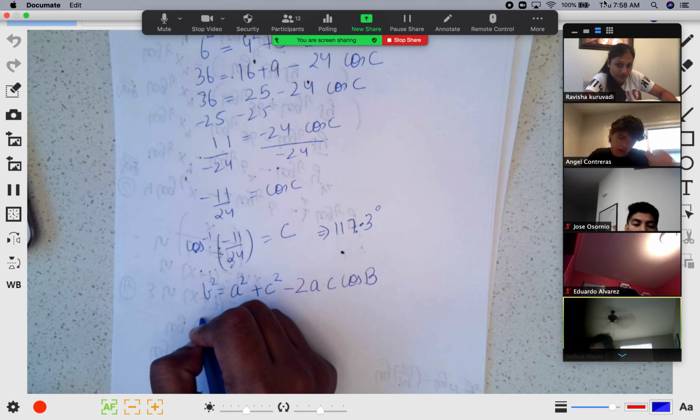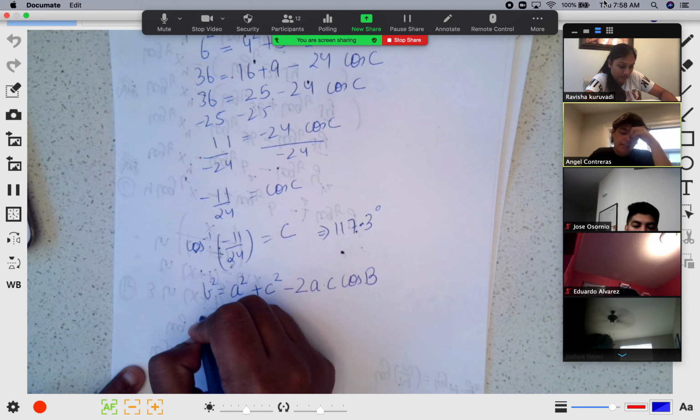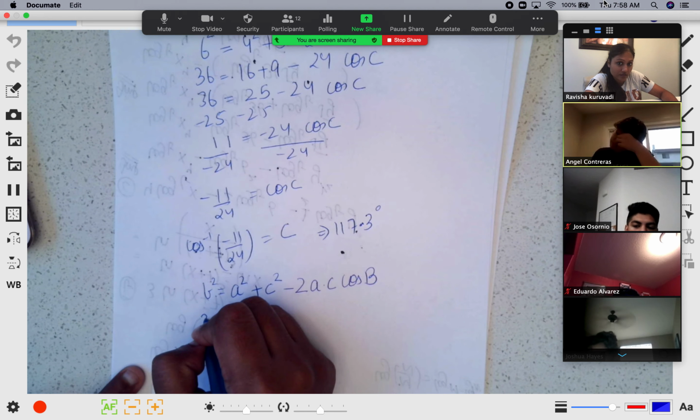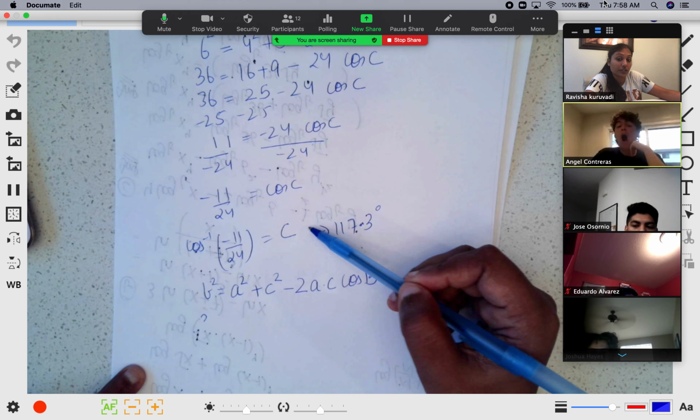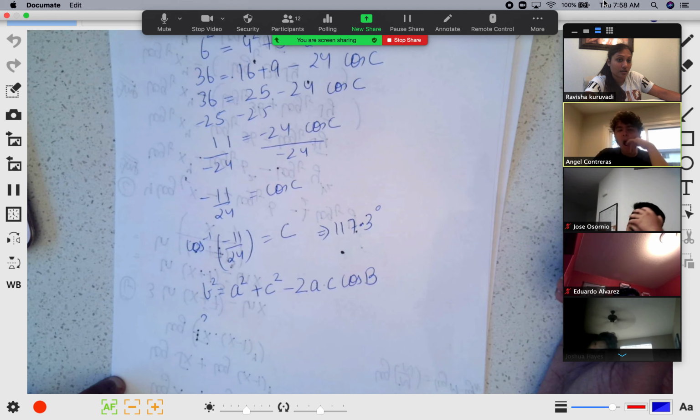It would be easier to use the law of sines, right? Yes, you can use the law of sines also now. Since you know your C already, you can do that also. But you can do this also.